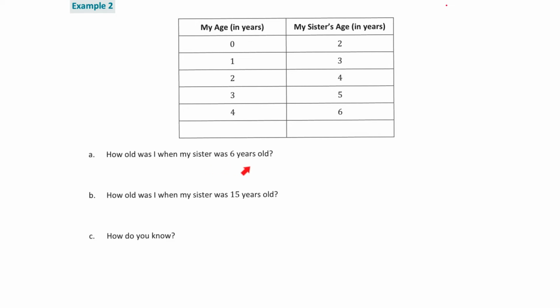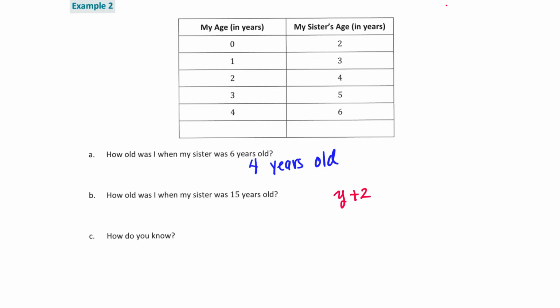So when your sister is 6 years old, you are how old? 4 years old. So let's write it down. 4 years old. How old was I when my sister was 15 years old? And we can even try to use the expression that we had on top. That was your sister's age, right?